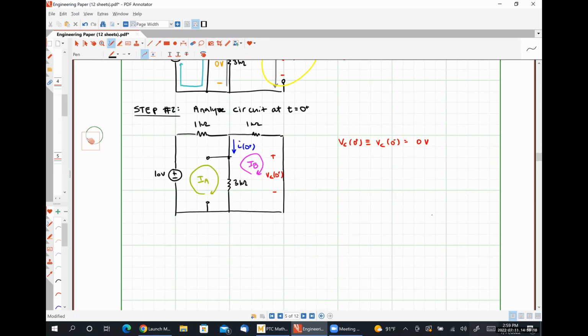So KVL at mesh A gives us negative 10 volts plus 1 kilo ohm times IA plus 3 kilo ohms times (IA minus IB) is equal to 0.